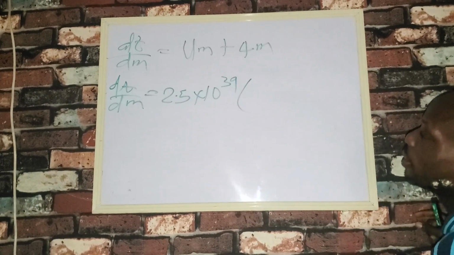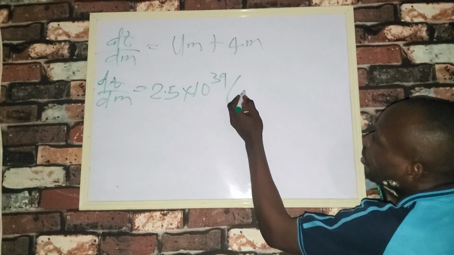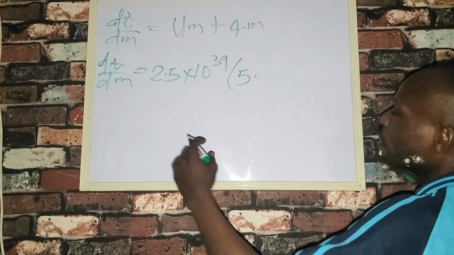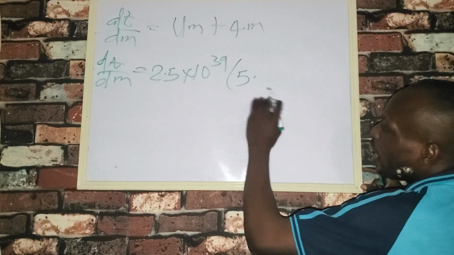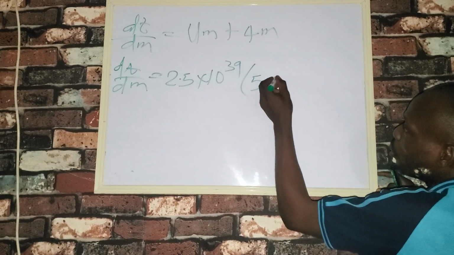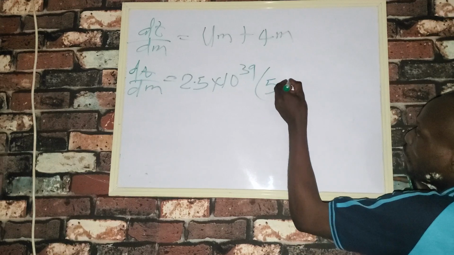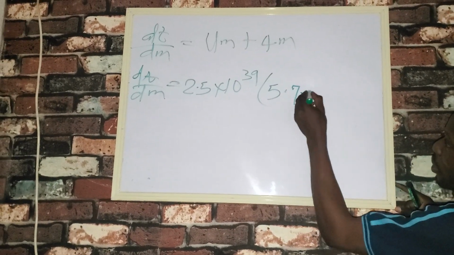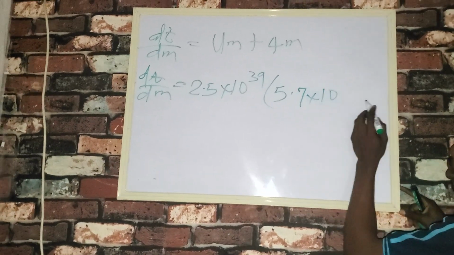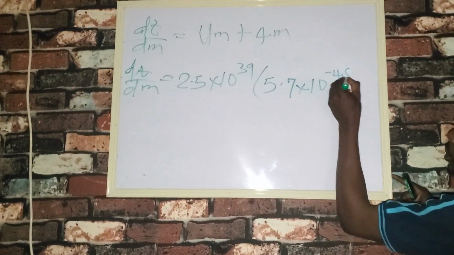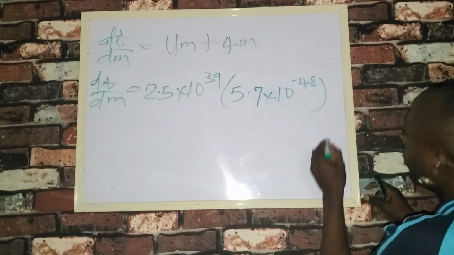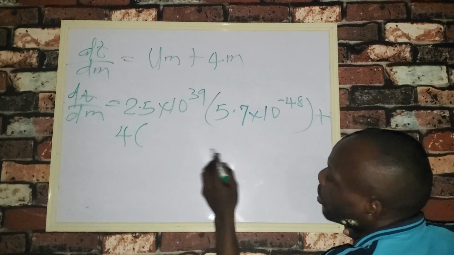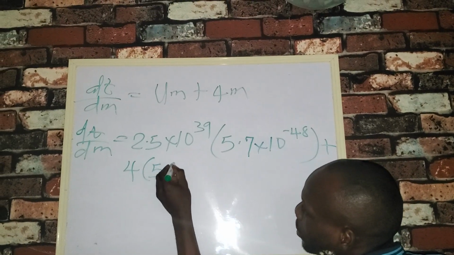Then we open bracket. Now here we have, if you still remember, the magnitude of wave in our previous calculation will be, when we approximate, 5.7 times 10 raised power minus 48. So then we have plus here, then we have 4. So then we repeat the mass.